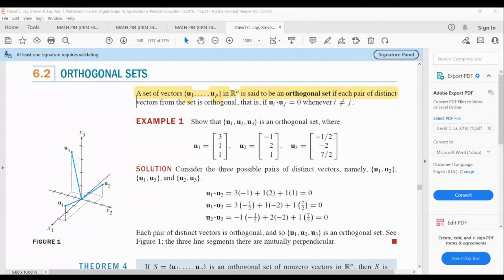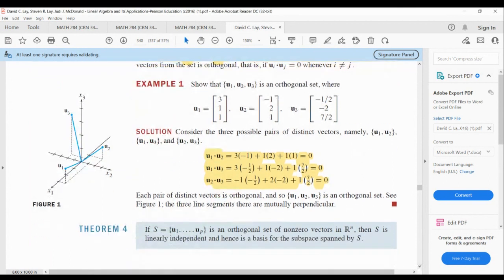If we look at the dot products of u1 with u2, u1 with u3, and u2 with u3, we end up getting zeros. They drew the vectors u1, u2, and u3 in figure 1 on the left. The vectors are orthogonal, so you have an orthogonal set, and those 3 line segments are mutually perpendicular.